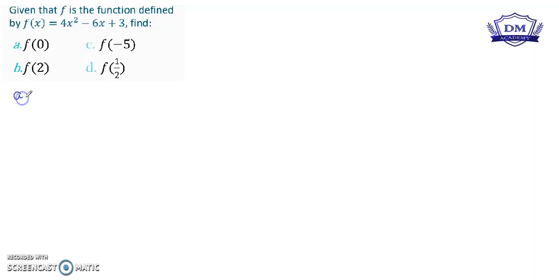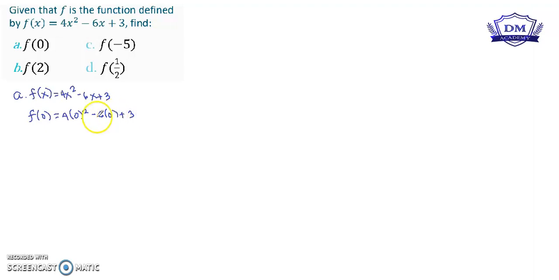Our given function f of x is equal to 4x squared minus 6x plus 3. f of 0 is equal to 4 times 0 squared minus 6 times 0 plus 3.